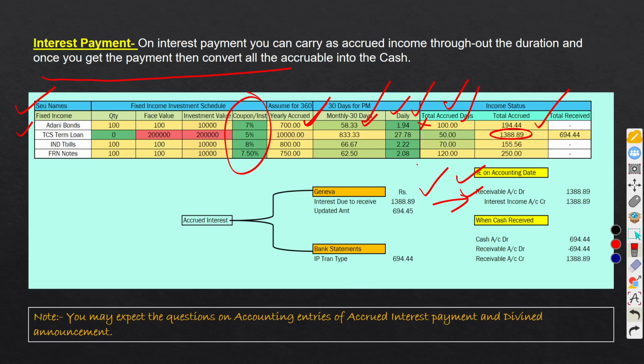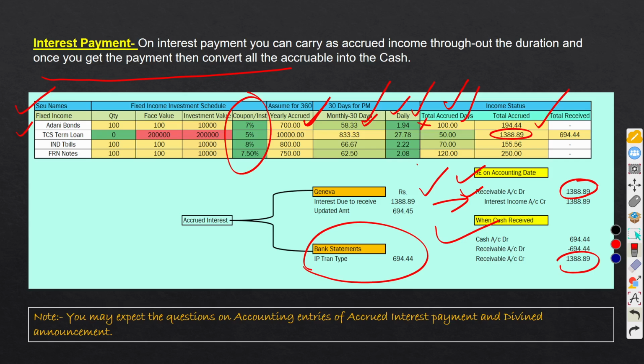But once you receive payment, meaning when cash is received or settled in your bank account, your accounting looks like this. You will receive the transaction type as interest payment on the bank statement, and your transaction looks like cash account debit and receivable account credit. Why are we going to record this? Because the actual due amount was 1388.